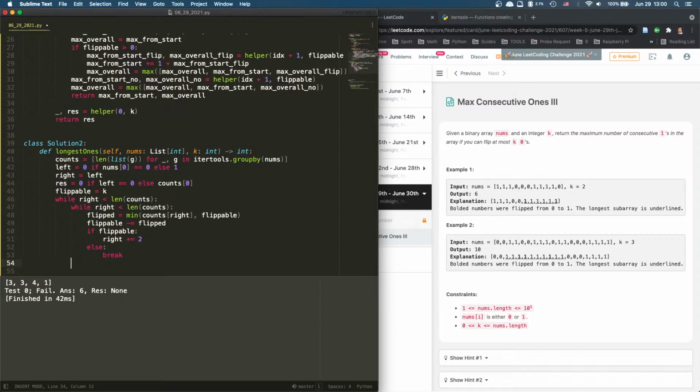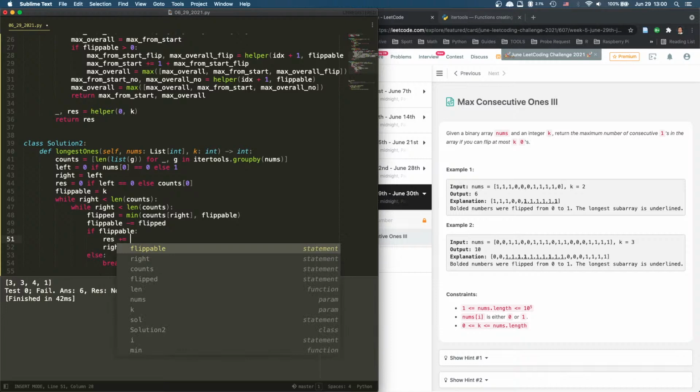Now once we get out, because initially we have the attachment to the left. We always attach the left first, which also means we need a rest, right? We need a rest. And every time, if flippable, then rest plus equal to, so we fill in the flipped. So we counted the left already. So if there's still flip left, then we add the next one.